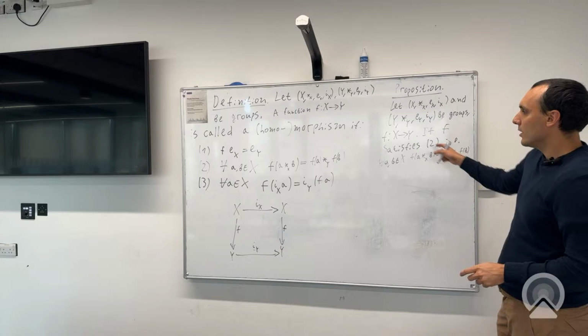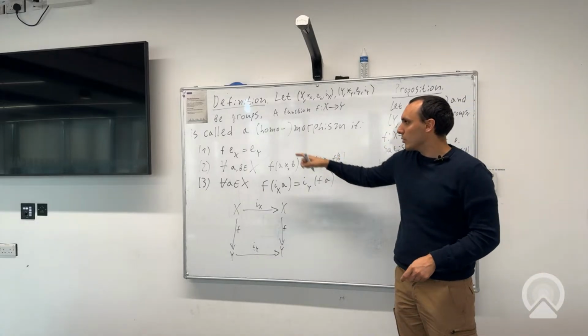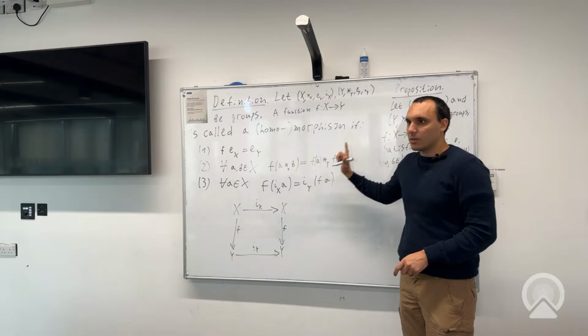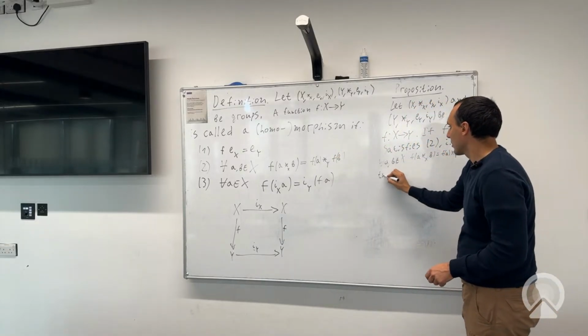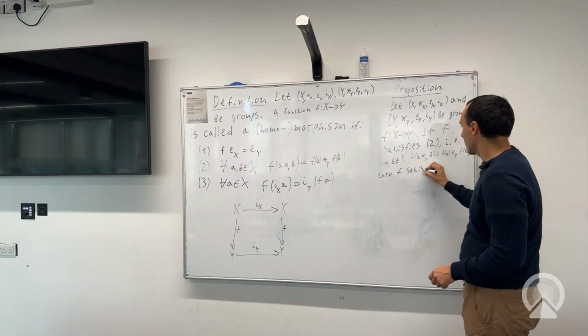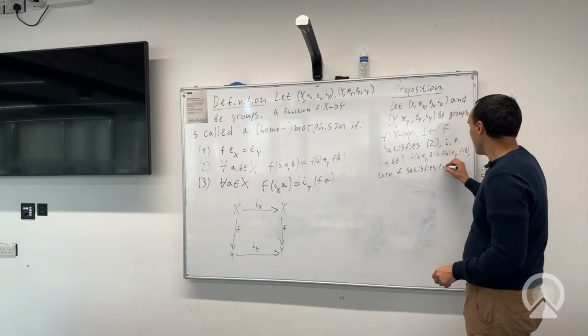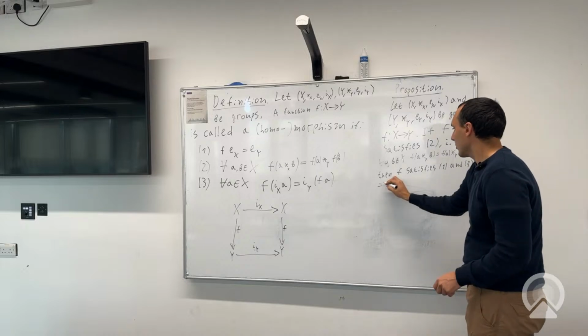This means that if you want to check that a map is a homomorphism of groups, you don't need to check 3 things, we only need to check 1 thing. If it satisfies 1 and 3, and so it is a homomorphism.